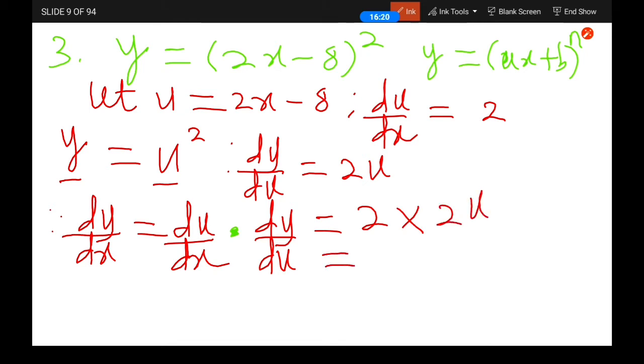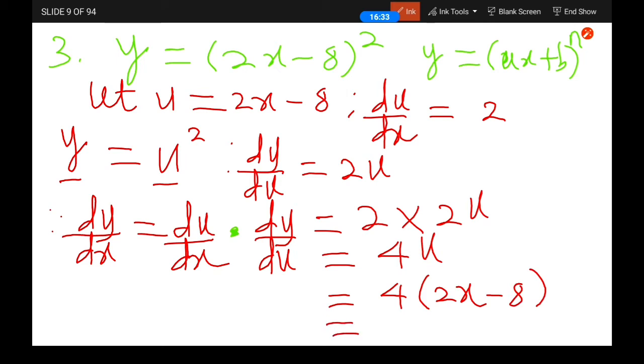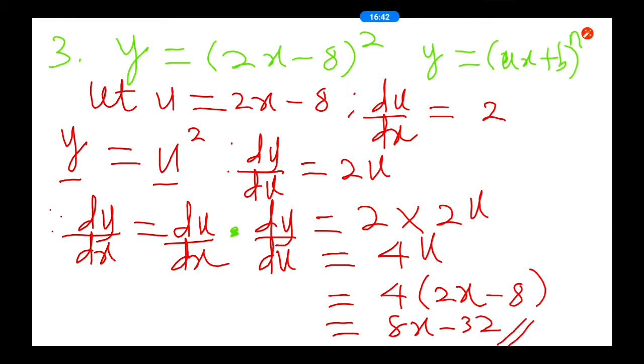And that gives us what? 4u. And remember, what is my u? 2x minus 8, and that becomes 4 into 2x minus 8. And then we can expand it to become 8x minus 32.